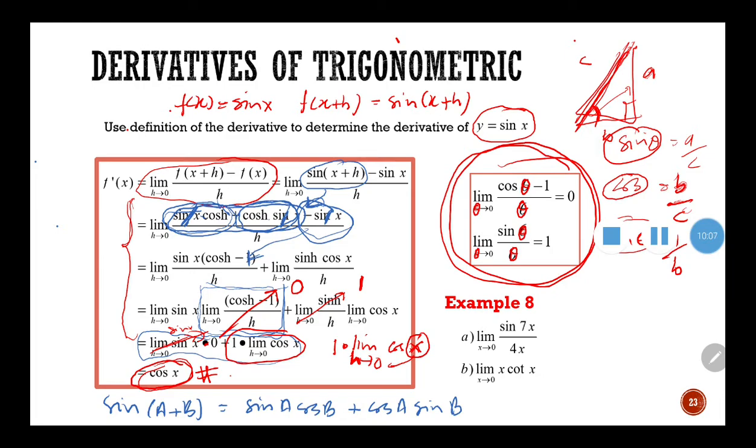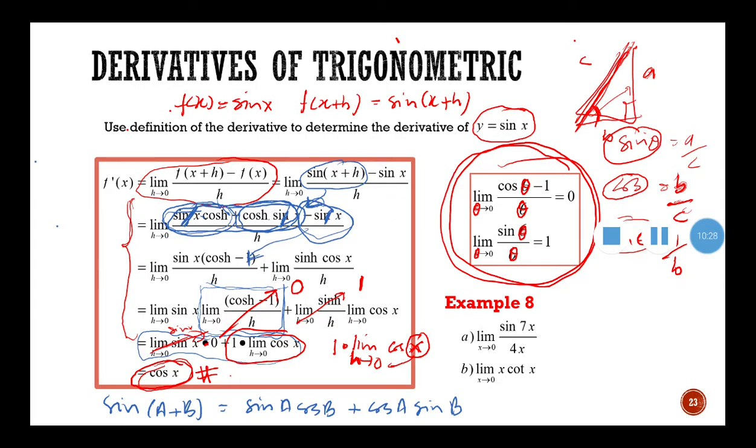This is actually limits of trigonometric functions, which we should have learned in chapter 2, limits and continuity, but we bring it forward here in chapter 3 because it is directly related to the derivative of trigonometric functions.